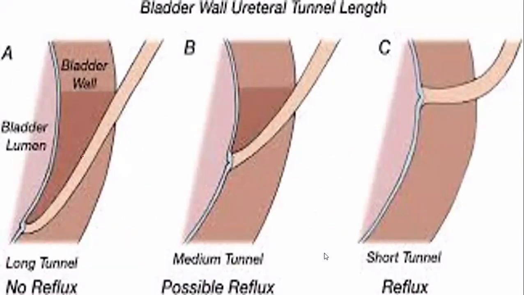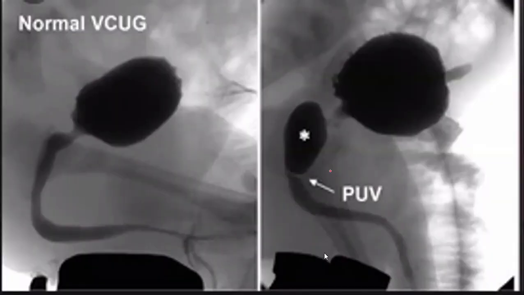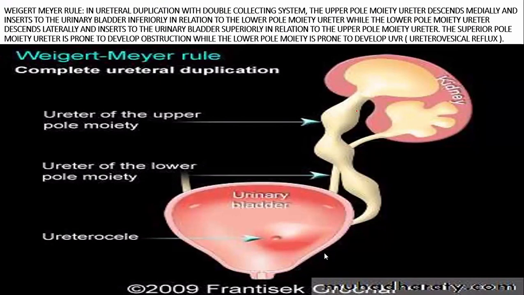It's a normal one. This is already reflux. So, as I told you, the presence of a congenital prostatic urethral valve is another cause. So, this is the one. So, the Weigert-Meyer rule, please don't forget about it.